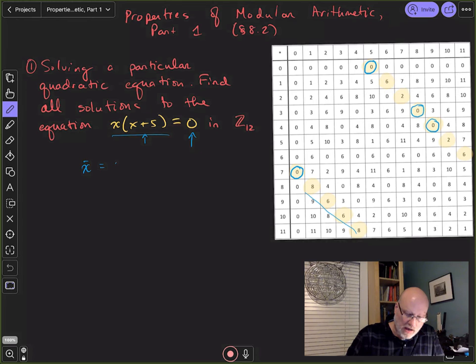We get 0 and 5, 7 and 0, 3 and 8. And I'm sorry, these aren't x. This is just what the pairs are. I should be writing this down. 4 and 9. The values of x, just so we're clear, are 0, 7, 3, and 4.